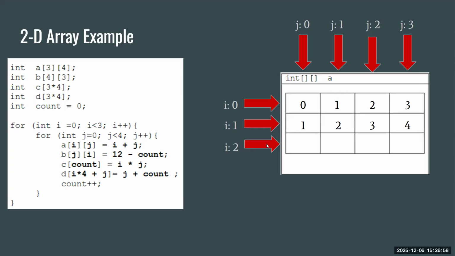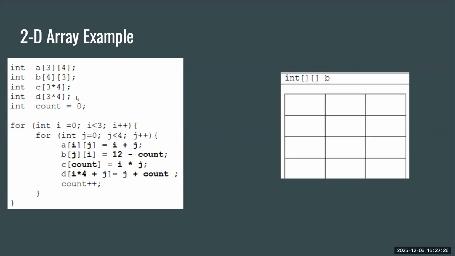So we have 2 plus 0 is 2, 2 plus 1 is 3, 2 plus 2 is 4, and 2 plus 3 is 5. That completes the whole for loop for the 2D array A. Then we'll move on to B in the next slide.